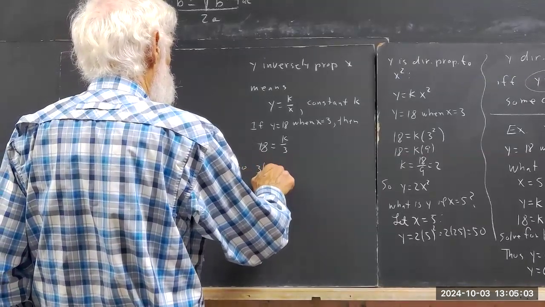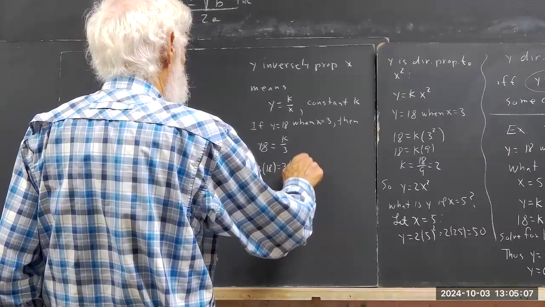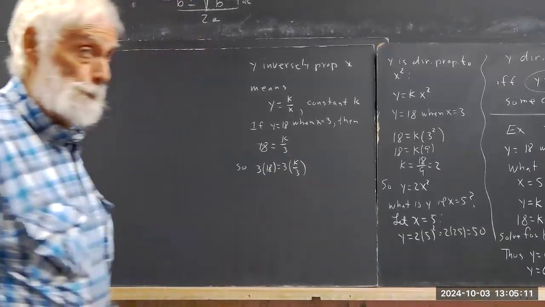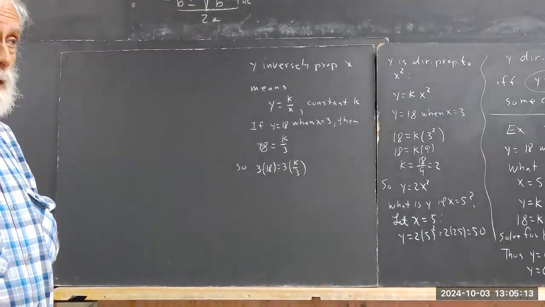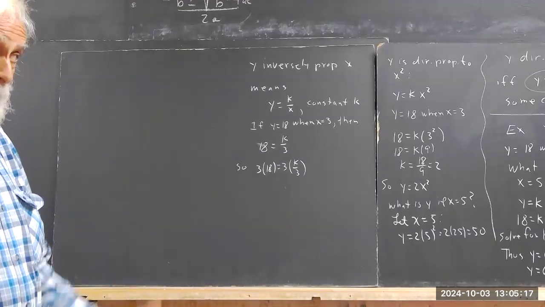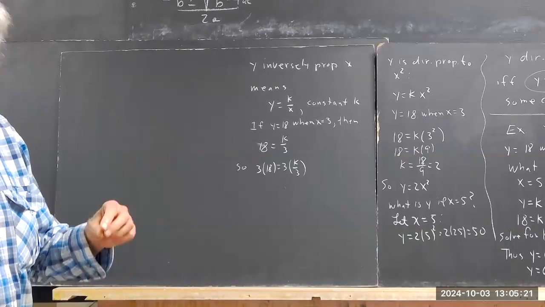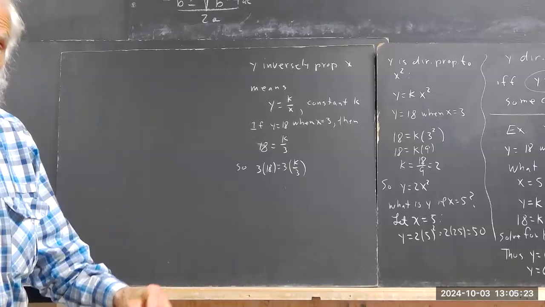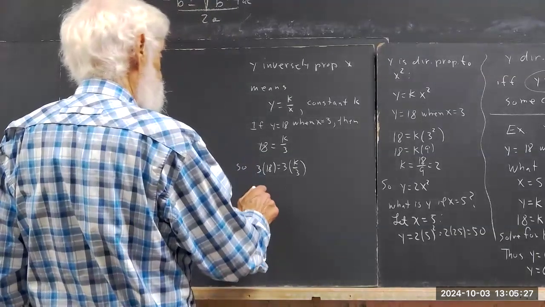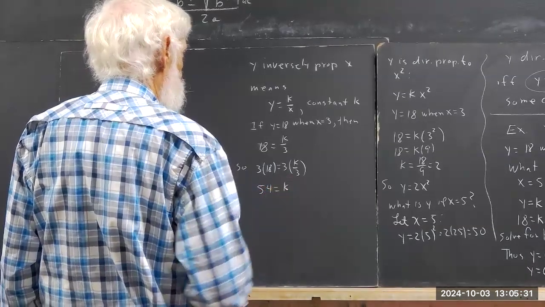So 3 times 18 equals 3 times k over 3. And I really encourage you to write down these steps, because when it becomes all symbolic, and you're not in the habit of writing out these steps very clearly, saying what they mean, you're more likely to trip on them. So that gives us 54 equals k.